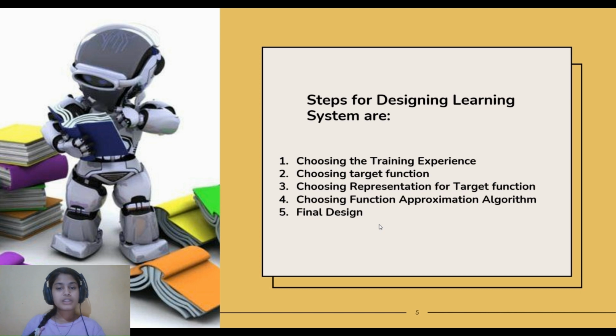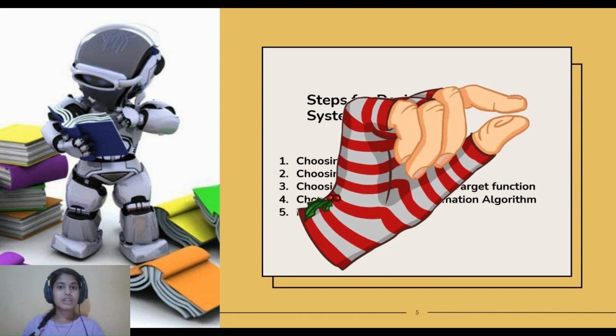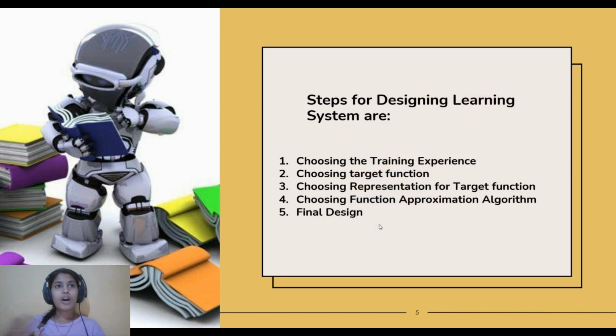What is the fourth? Choosing a function approximation algorithm. There may be a chance that you fed only a little data to the machine learning model and it has to give output for an unexpected situation.